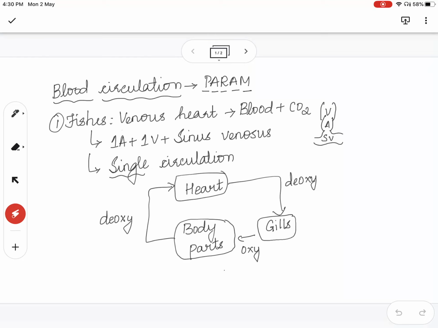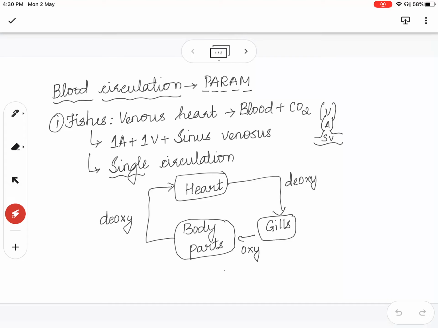Then coming to the next one, what type of circulation do they have? They have single circulation. A diagrammatic representation is also shown. The heart sends deoxygenated blood to the gills, which undergoes oxygenation and is sent to the different body parts. From these body parts, the deoxygenated blood is sent back to the heart, and again it is sent to the gills for oxygenation. To repeat once again, the heart sends deoxygenated blood to the gills, which undergoes oxygenation, is sent to the different body parts, undergoes deoxygenation, and is sent back to the heart.